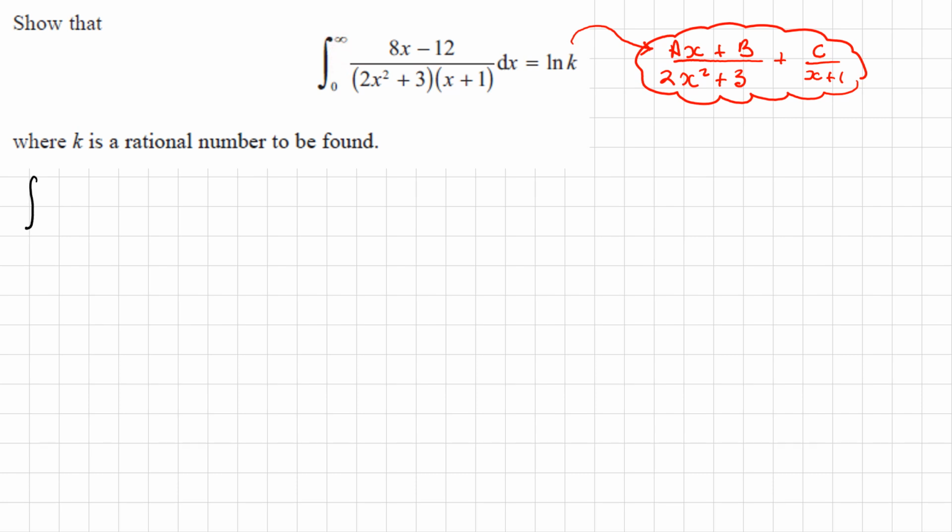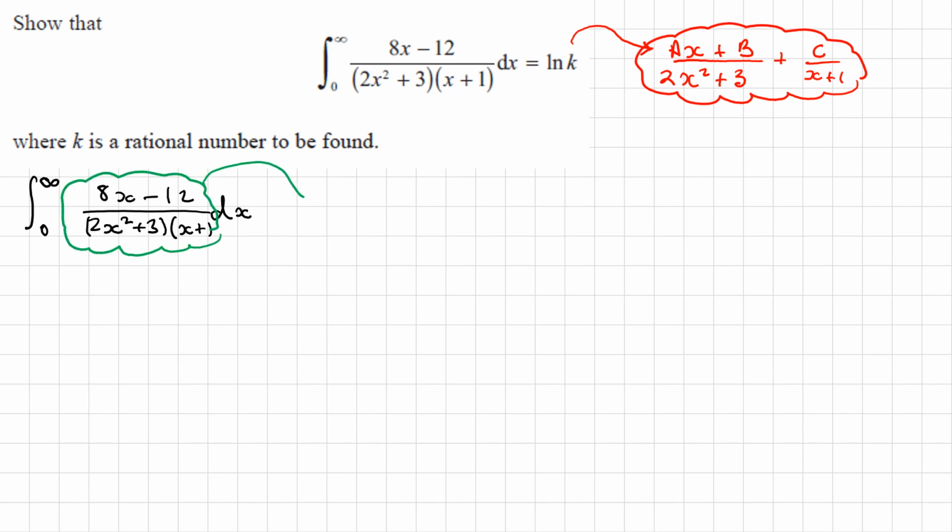Okay, so let's say we want to do this: 8x minus 12 all over 2x squared plus 3 all times x plus 1, dx. So we'll take just the algebraic part, and then we'll use partial fractions there.